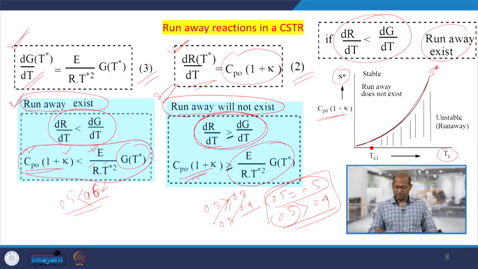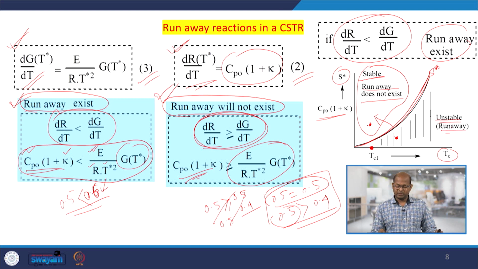If we plot A star against Tc, the lines would be like this. If our operating temperature inside the reactor, the steady state temperature, is on the left side of these lines, then it is stable and runaway does not exist. If we operate the reactor at these conditions, then it is unstable and runaway exists.